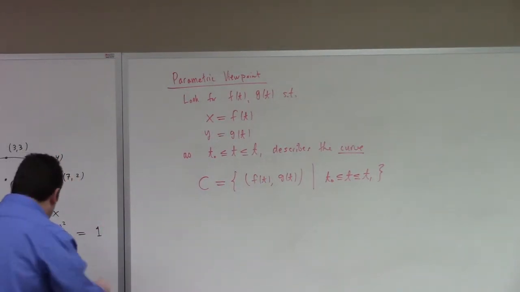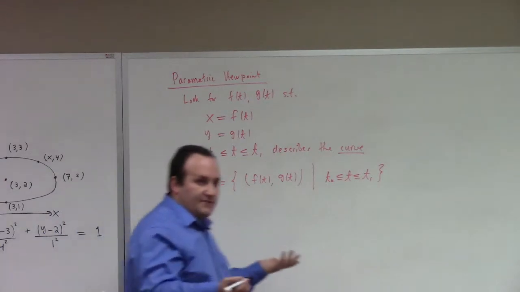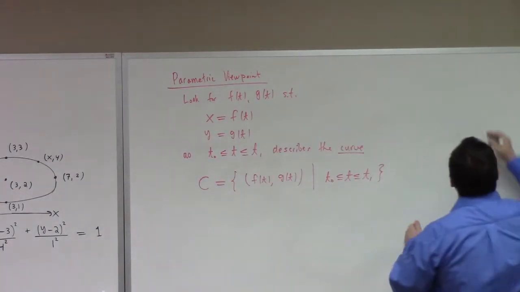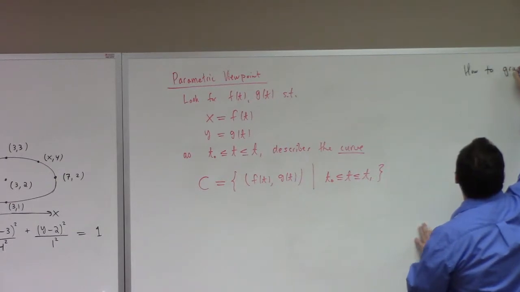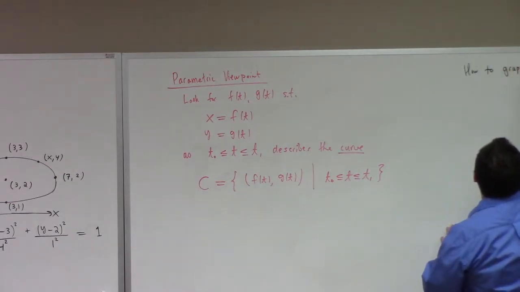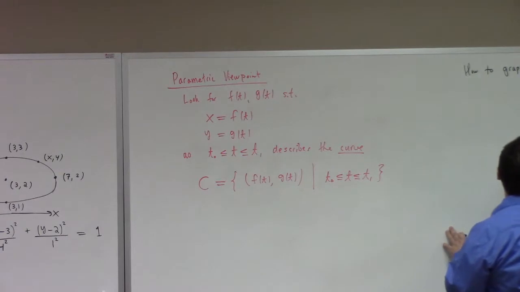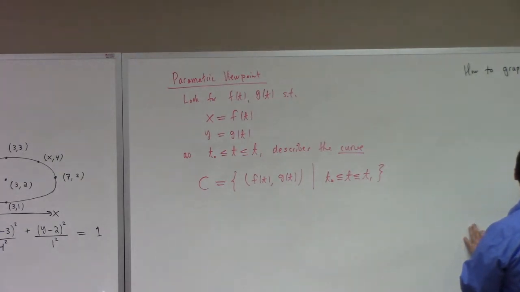All right, well, so how do you graph the parameterization of a curve then? And how do we understand their calculus, right?